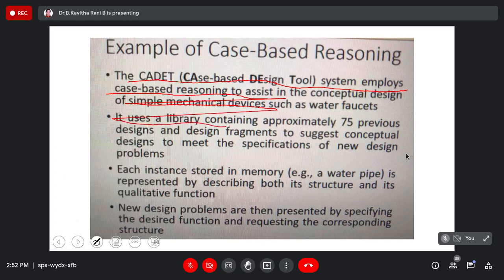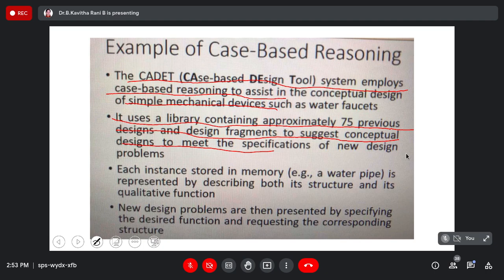It uses a library containing approximately 75 previous designs and design fragments to suggest conceptual designs to meet the specifications of a new design problem. Here, if you take a company called Jaguar, they want to design a new tap, and they describe the input flow and the output flow.